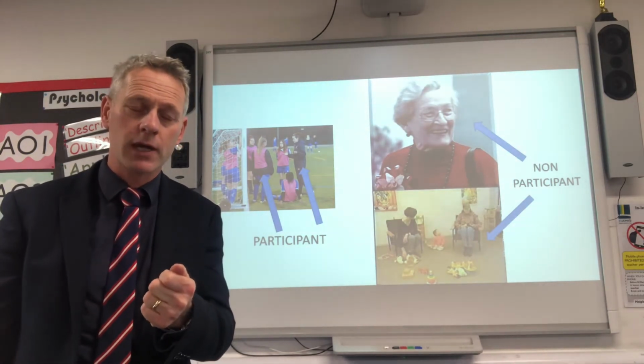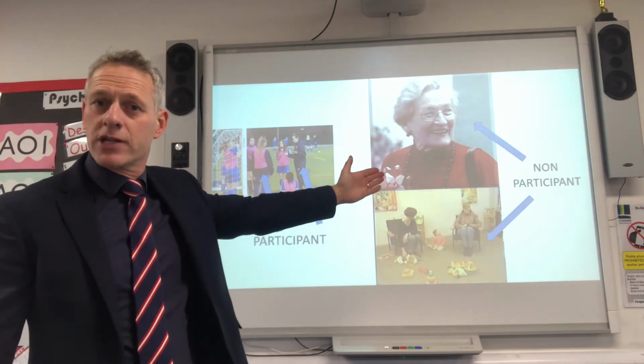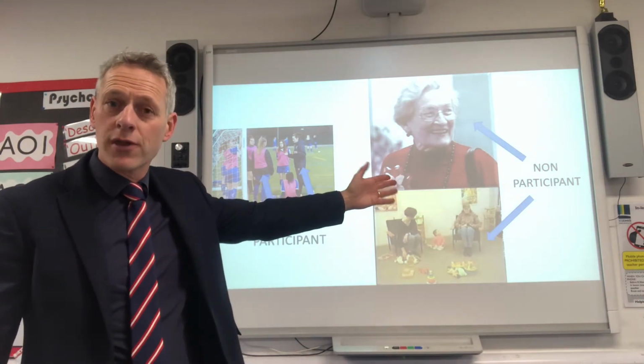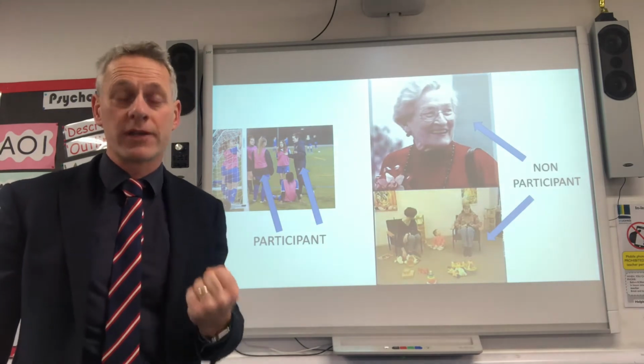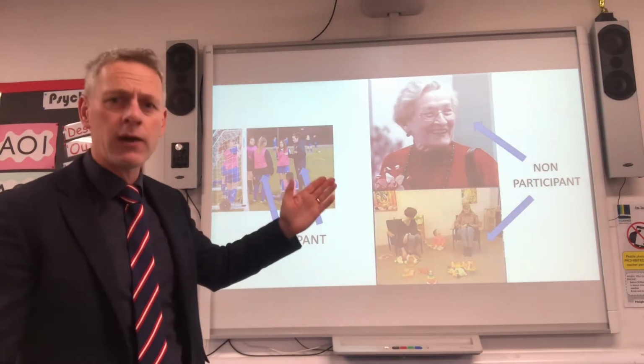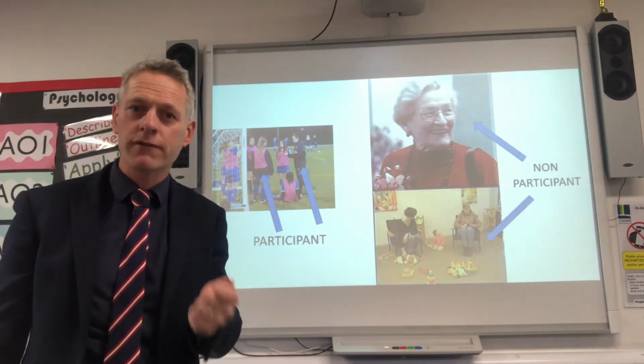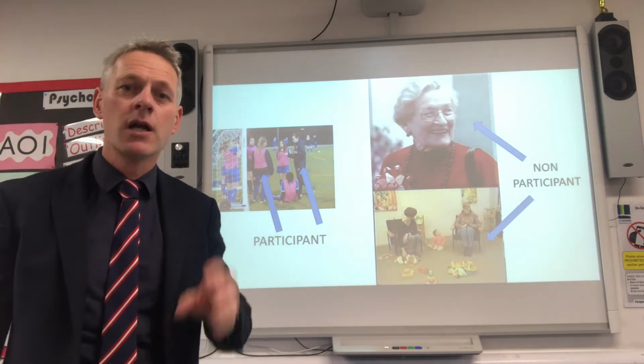In a non-participant observation, and here, the top picture, we have Mary Ainsworth. You will probably know from attachment studies, the strange situation. Now, Ainsworth set up a situation, bit of revision of attachment if you're studying that.